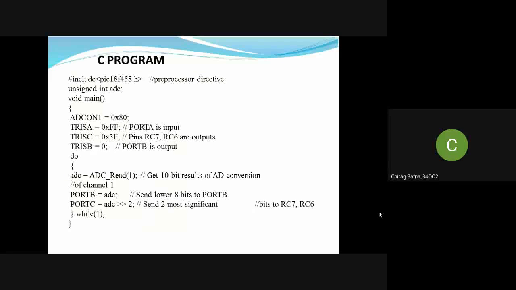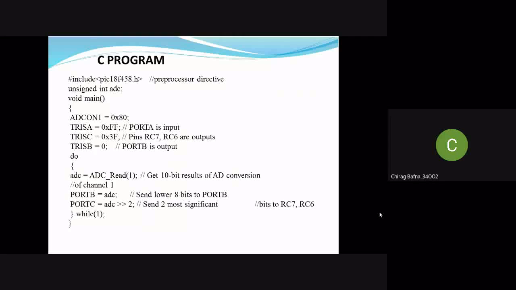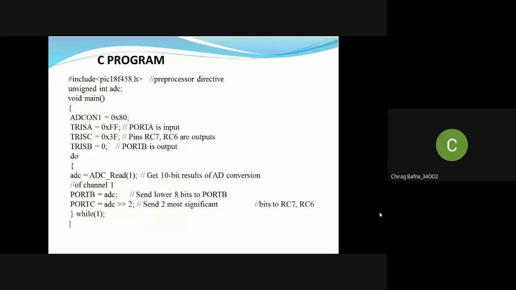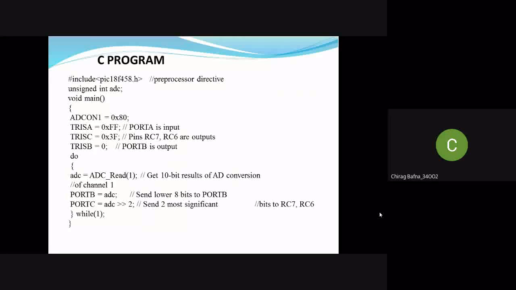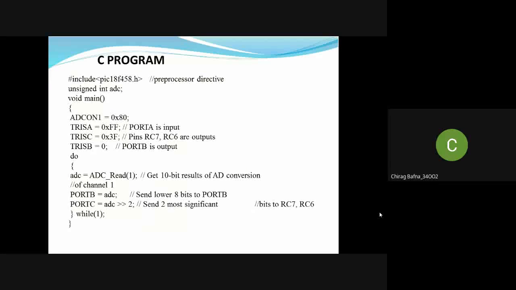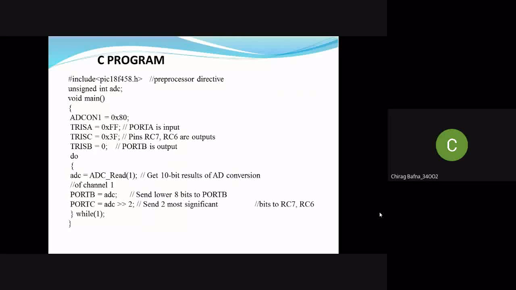We are providing a loop, that is a do while loop. When ADC equals ADC read 1, that means it gets the 10-bit result of the AD conversion of channel 1.